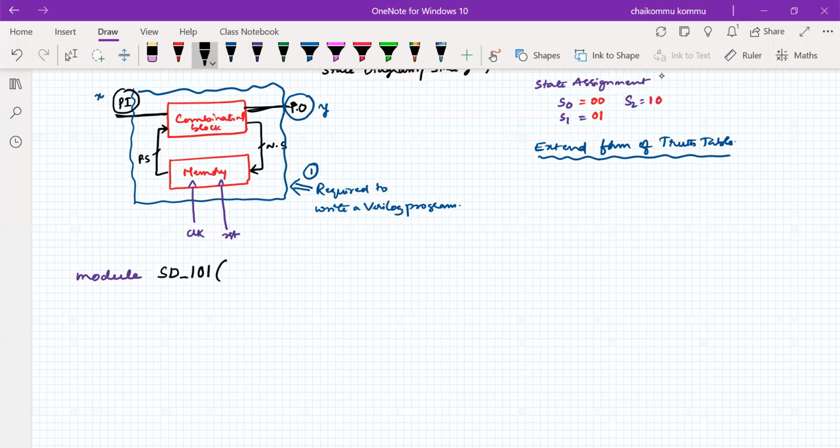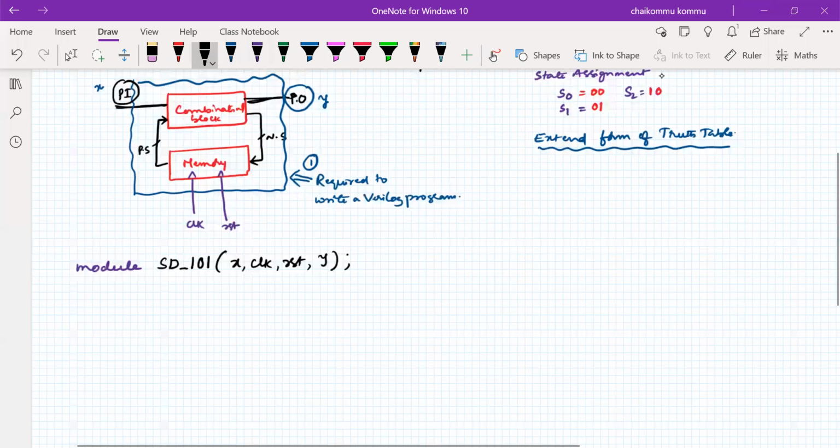It requires X, clock, reset, Y. Whatever way I'm writing here based on the state diagram, the same thing is applicable in the current chapter. These basics you should know very well, otherwise you will not be able to write the programs for the chapter number 4 problems, because these are fundamentals. You can understand this carefully and apply it to those examples. That's the reason why I'm spending time on this.